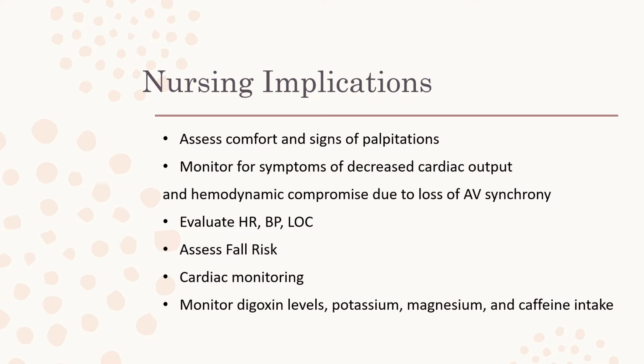We've talked already in the past about LOC, making sure their level of consciousness is good. You want to assess the fall risk. They're obviously going to be on cardiac monitoring. And we're going to monitor digoxin levels if they're on dig, and we want to take a look at their potassium and magnesium levels and their caffeine intake as well.